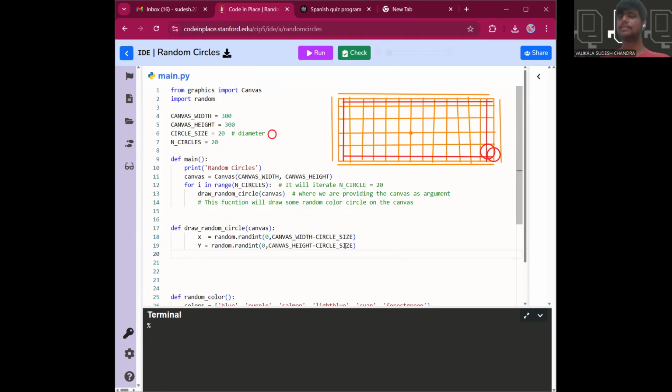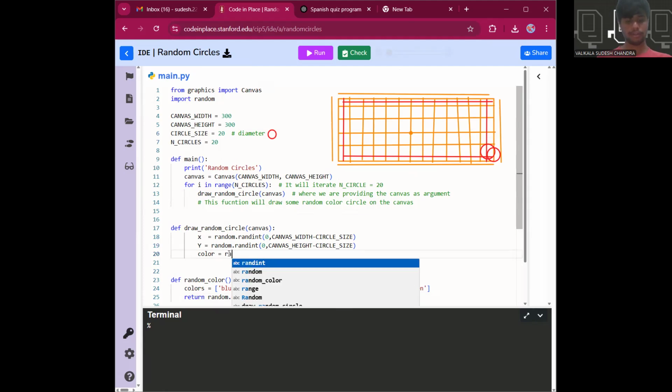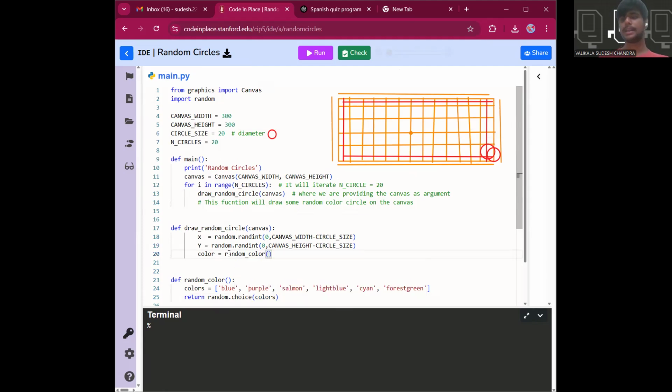We are provided with a color, but we can't choose which color. For that, we have a built-in function which gives a random color out of a collection of colors presented over here. So with the help of random colors, I can get a particular color.